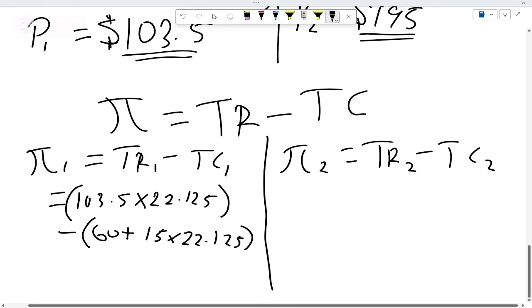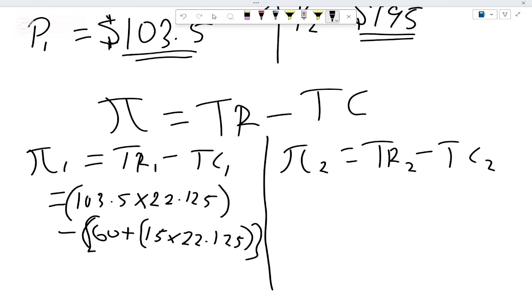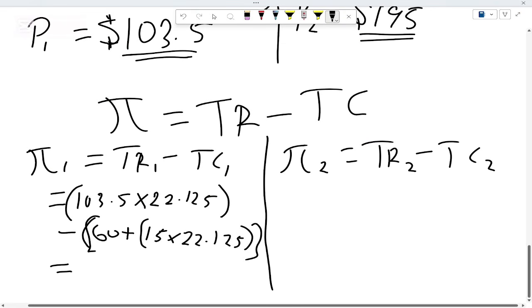Put it in brackets so that you will not be confused. So you do your multiplication first, then you extract the numbers out and you add them up.